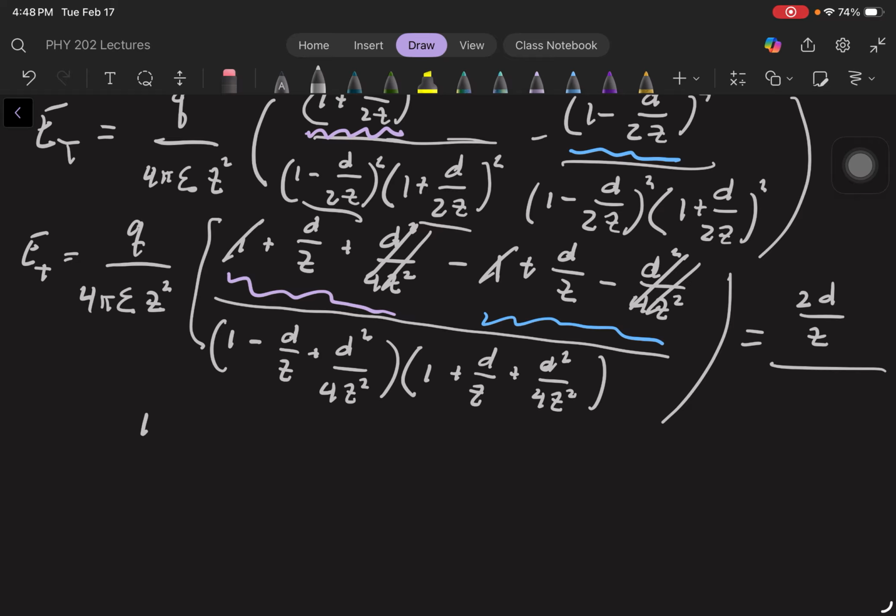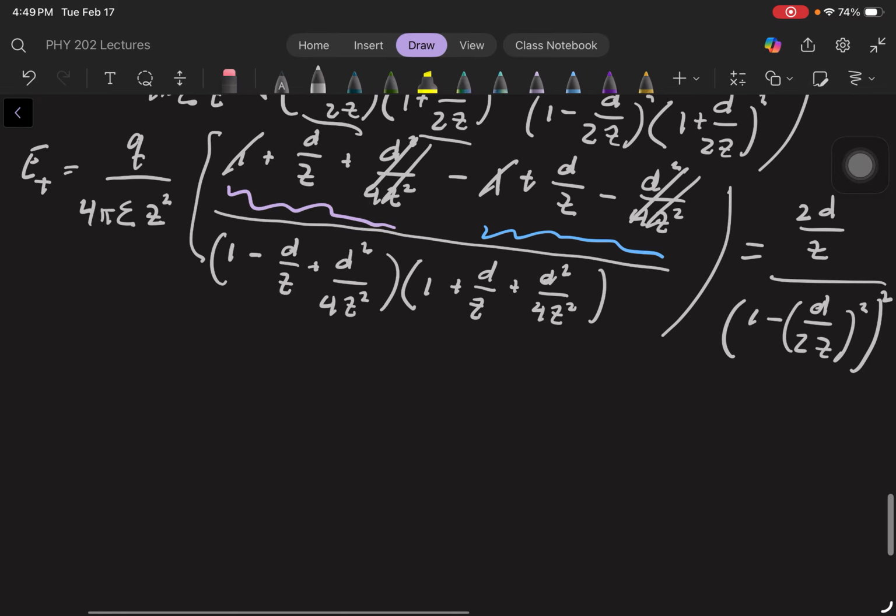We have 1 plus d over z plus d squared over 4z. You know what? In the interest of time, we're just going to say that this reduces to 1 minus d over 2z, the quantity squared. Just to keep the video a little briefer than what we could do.